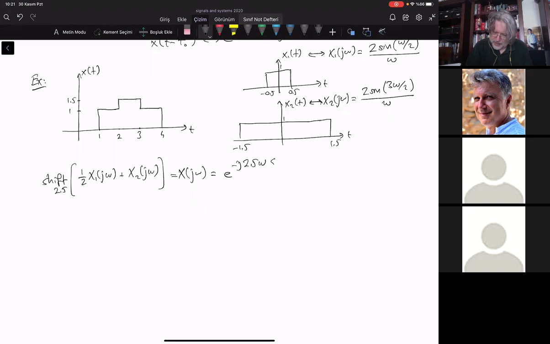And the others are half of the first Fourier transform, which is simply sine omega over 2 over omega, and 2 sine 3 omega over 2 over omega. So I can write it like this. The denominator of omega can be put as a common thing. You can leave it like this, and that would still be full credits.